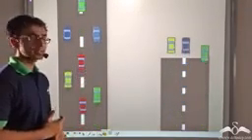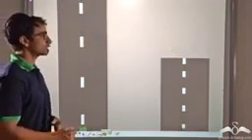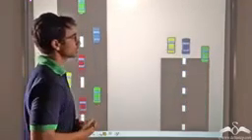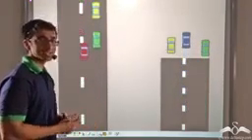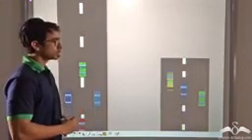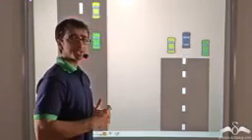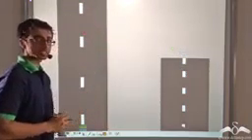Now consider another animation. Over here you will find that there are two roads of varying lengths. Now consider the motion of the yellow car. When the yellow car travels along the shorter road, you will find that it encounters a lesser number of obstacles or a lesser number of cars. So it is able to travel relatively smoothly, or it is able to travel from one end to the other quite fast.